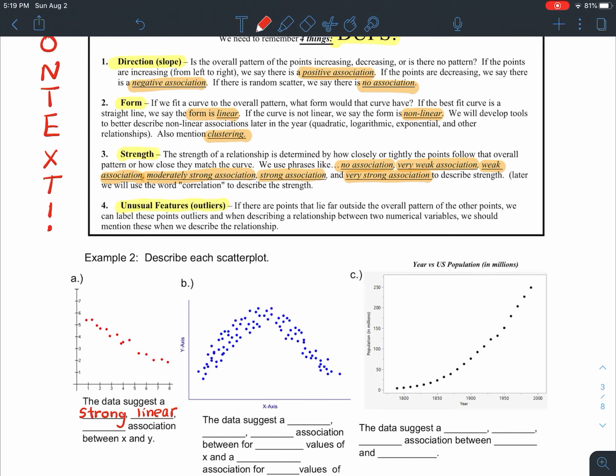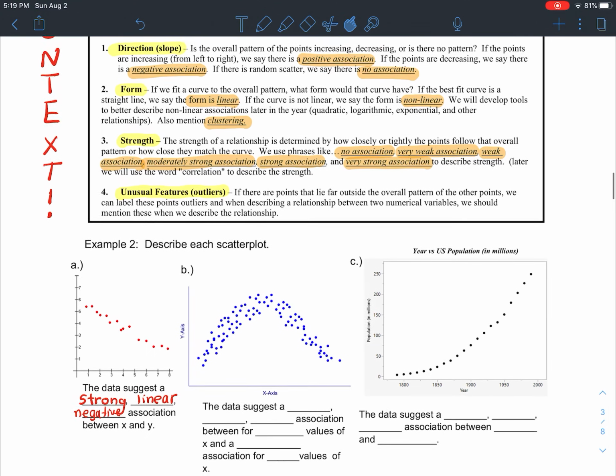So I'm going to call this linear. That'll be me addressing the form. And then I have to give it a direction, and it feels like it is sloped negatively. So I'm going to call this a negative association. Association just means relationship. So the data suggests a strong linear negative association. Here's where I would use context if I knew what X and Y were, but I don't, so I'm just saying between X and Y.